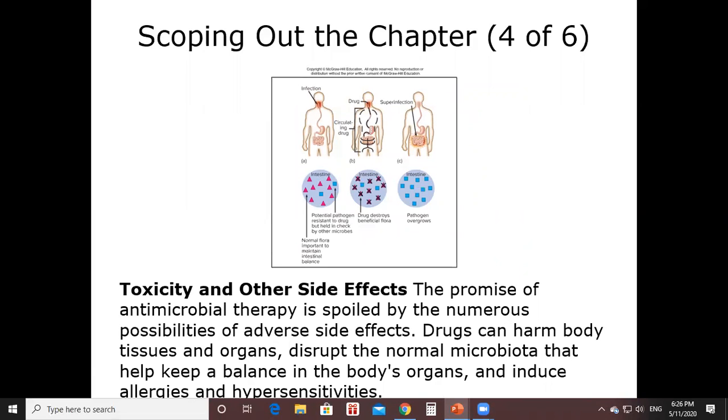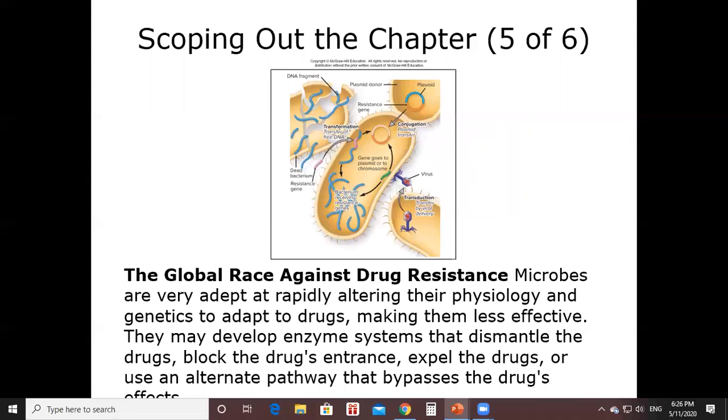So then we look at toxicity and other side effects. Promising antimicrobial therapy is spoiled by the numerous possibilities of adverse side effects. Drugs can harm body tissues and organs, disrupt the normal microbiota that help keep a balance in the body's organs, and induce allergies and hypersensitivities. Then we have drug resistance.